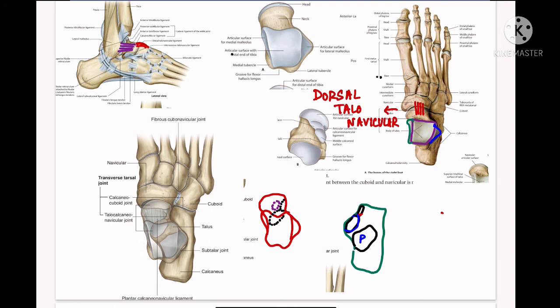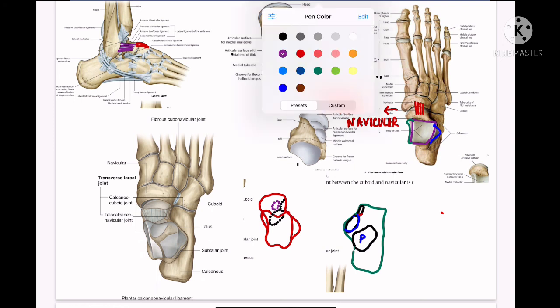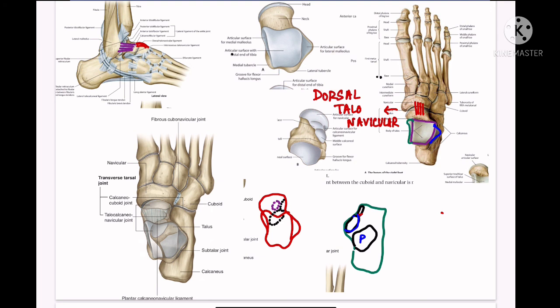talus transparent, and the inferior surface of the talus presents a large articular oval facet. Here is the large articular oval facet on the inferior surface that articulates with the posterior facet of the superior surface of the calcaneus.